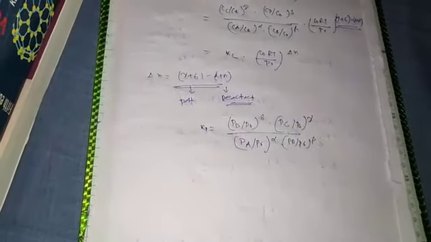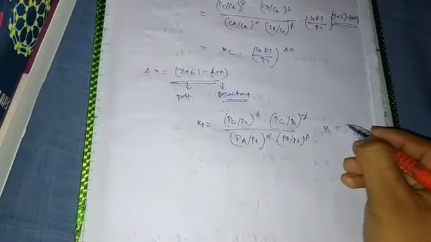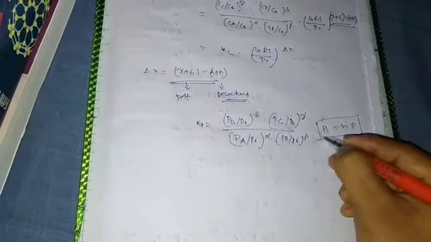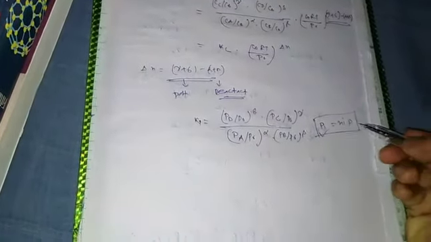Now from Dalton partial pressure law, we know that Pi equals Xi into P. Here Pi is the partial pressure and P is the total pressure, and Xi equals mole fraction.